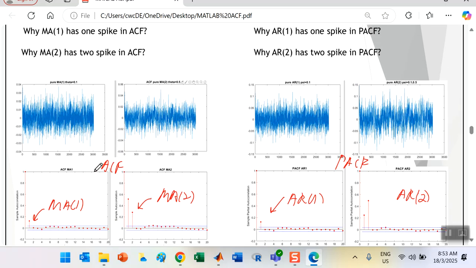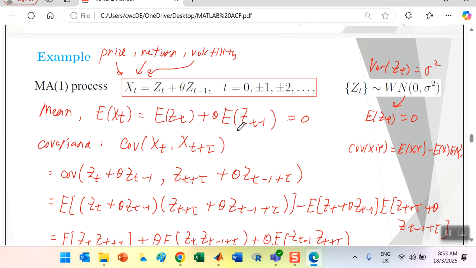Everybody get the idea? The question is why MA1 has one spike in the ACF only. Analytically, with an MA1 model, the white noise at lag 1 and the current term influence the XT, which can be a price series, return, or volatility series.